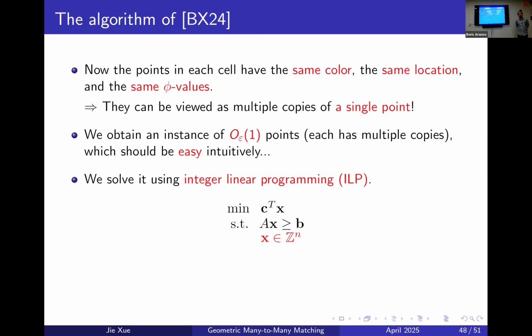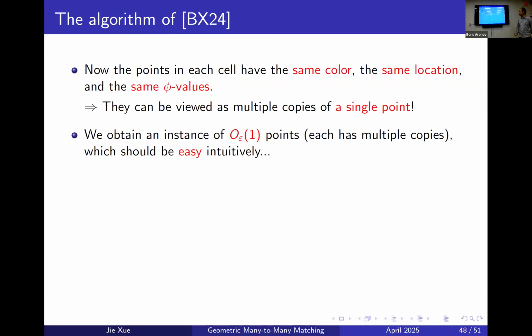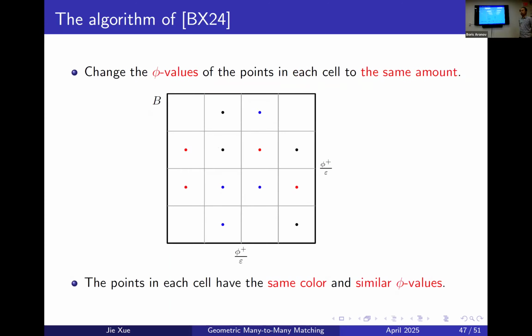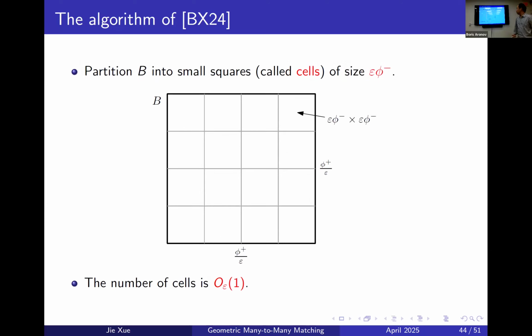Sorry, I'm just lost. So you essentially divide your square into a number of small squares, which doesn't depend on B or C? The number of squares depends only on epsilon, so it doesn't depend on anything else.